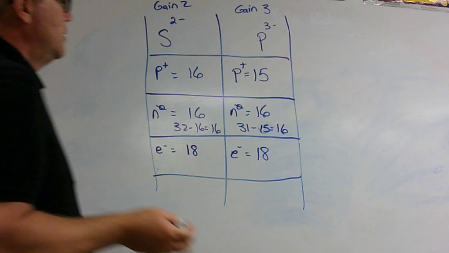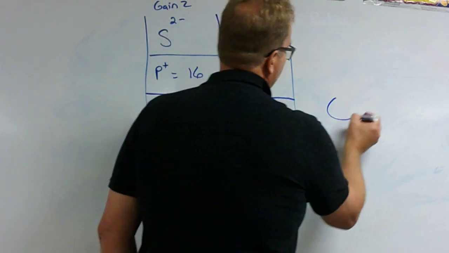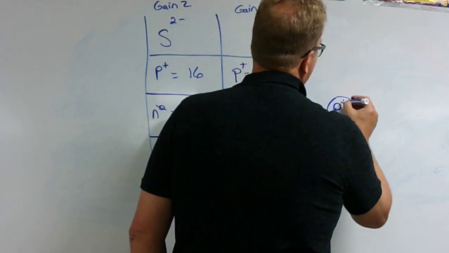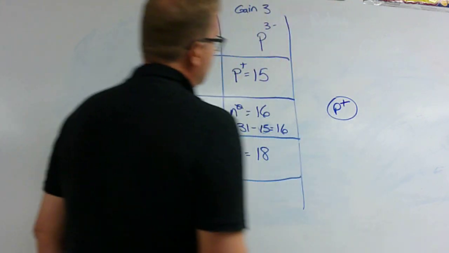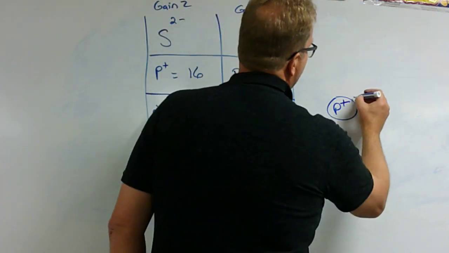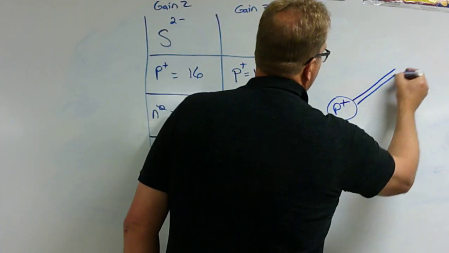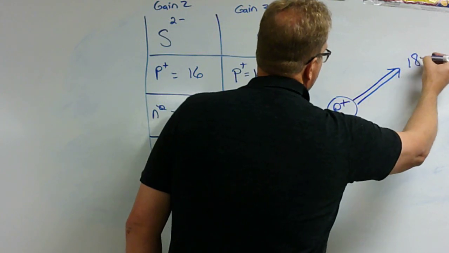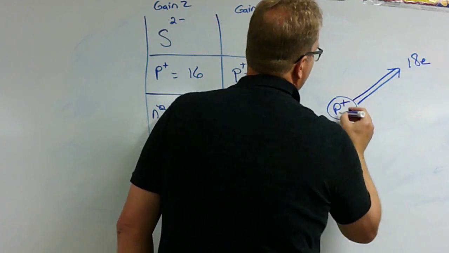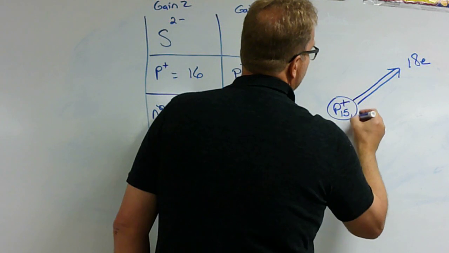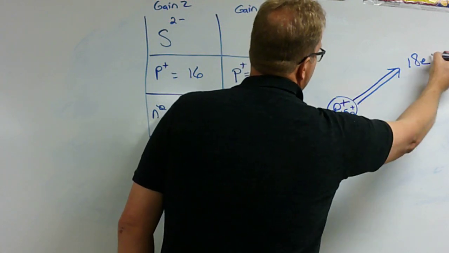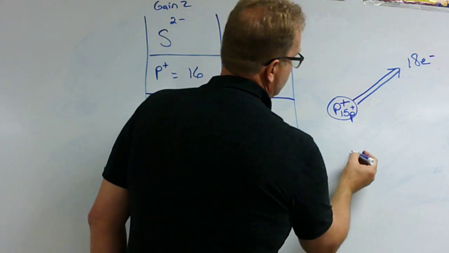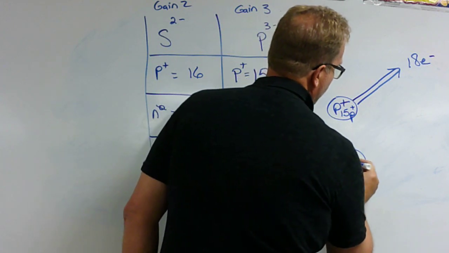Thank you. So if you're picturing this, you're going to have, this is my 18th electron for phosphorus. Then you're going to have this.